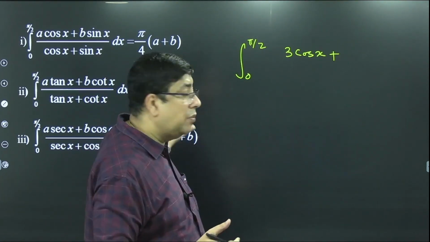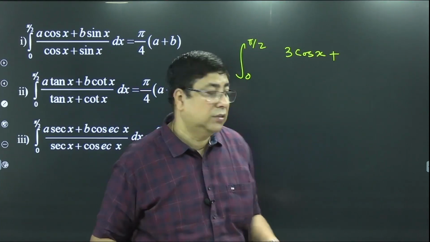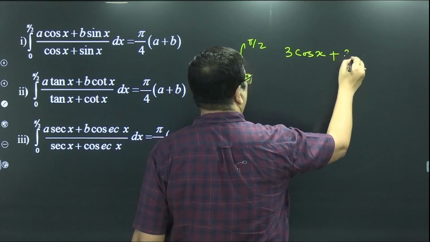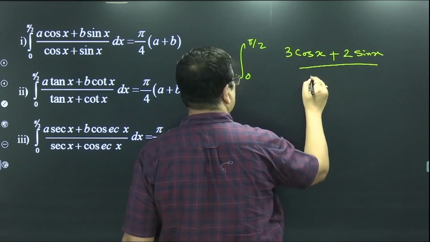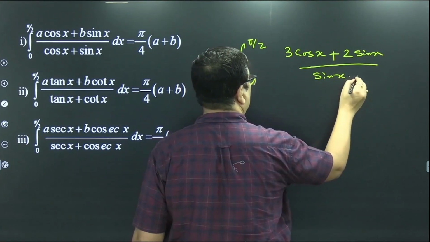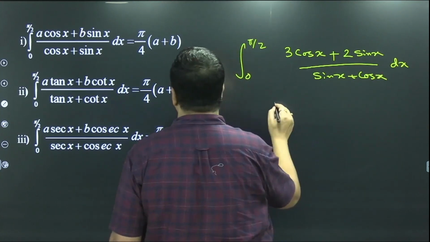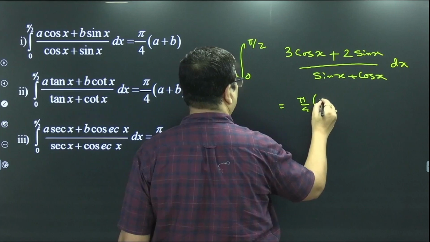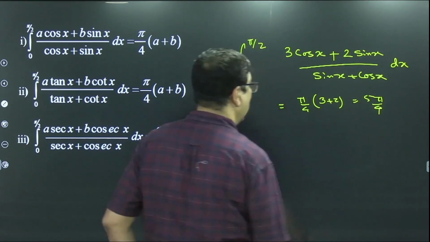If you can remember this, you can answer very promptly, very fast. Just see one thing, 3 cos x plus 2 sin x total divided by sin x plus cos x. So we are getting what? Answer is pi by 4, 3 plus 2, 5, 5 pi by 4, like this.